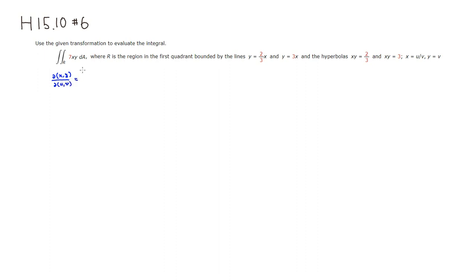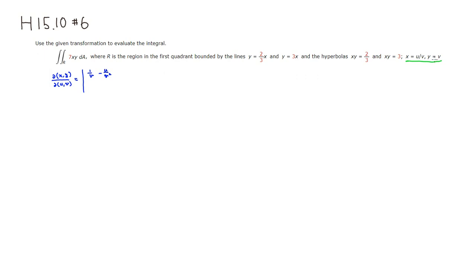Here's the transformation given. We take the partial of x with respect to u first, which is 1 over v. The partial of x with respect to v is negative u over v squared.